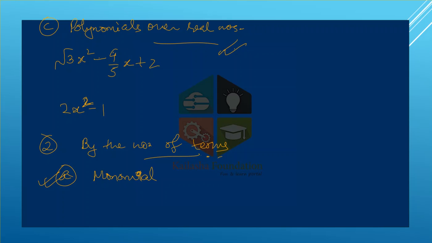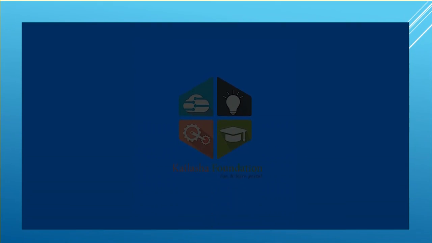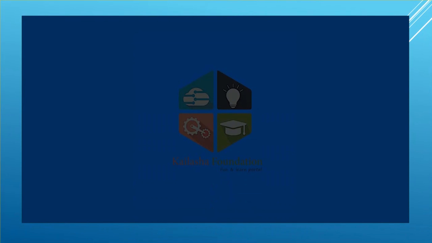So a polynomial consisting of a single term is called a monomial, that is root 5x or minus 8y square or 15k square, etc. Only one term, only one term, only one term. So these are monomials. Then we have binomial. Binomial means two terms. Trinomial, three terms. And thereafter we have polynomials for more terms.